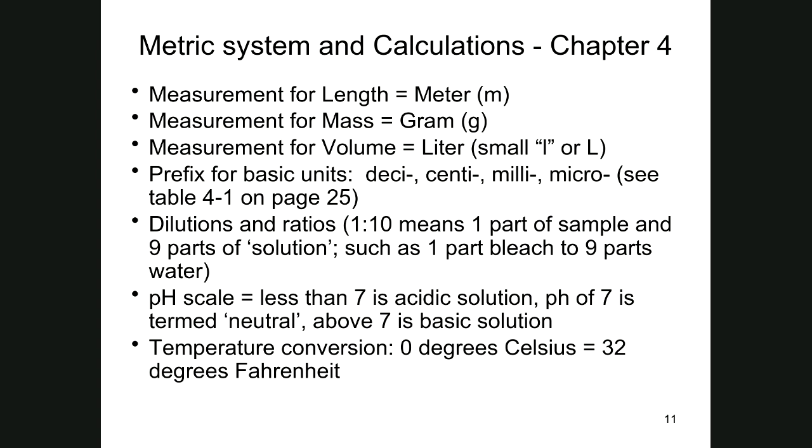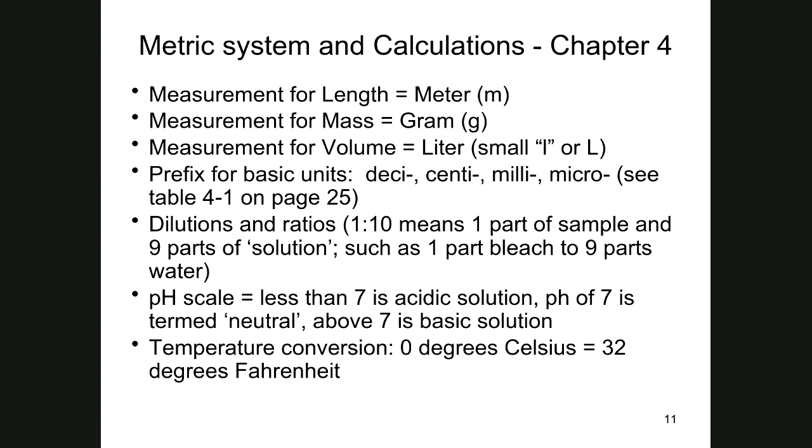Chapter 4 talks about the metric system and calculations. Read the chapter well. There probably will not be much use for that in the microbiology section, but definitely when you get to parasites, knowing the field of view of your microscope and what the sizes are is a very key factor to understanding what kind of parasite egg you may be looking at.